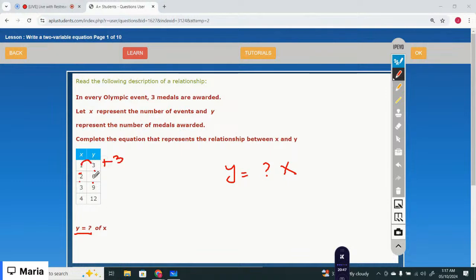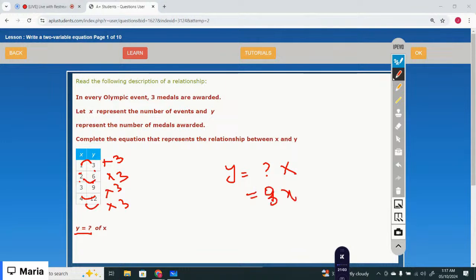1 times 3 is 3. 2 times what number is 6? 2 times 3 is 6. 3 times 3 is 9 and 4 times 3 is 12. That means every value is multiplied by 3. 3 times 1 is 3, 3 times 2 is 6. So that is y equals 3x.